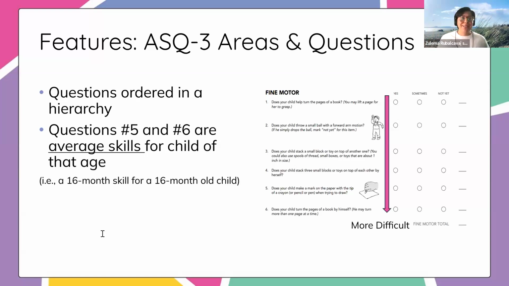Questions 3 and 4 are going to be skills that a typically developing 14-month-old would be able to do, right? Or to be more technical, it would be, I think, 80, what is it?